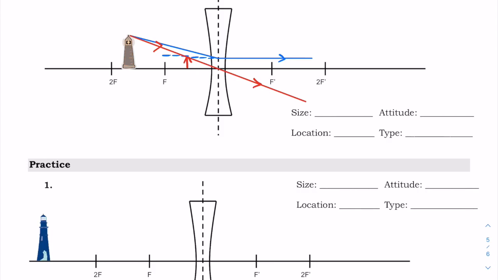Okay, the size is certainly smaller. The location again is behind or to the left of the lens. As for the attitude, it's upright. And this would be a virtual image.